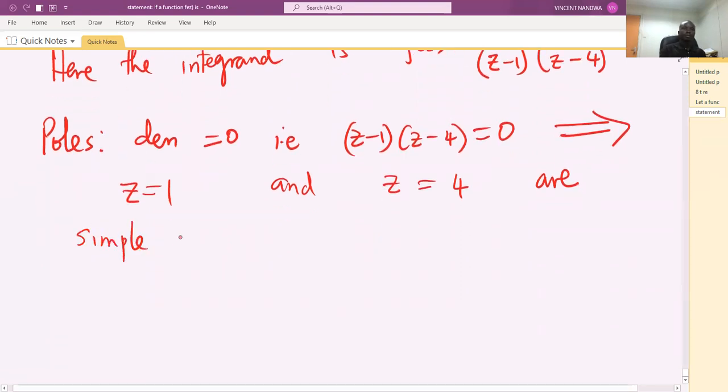So that's step 1. Without loss of generality, we can call this one Z1 and this one Z2.